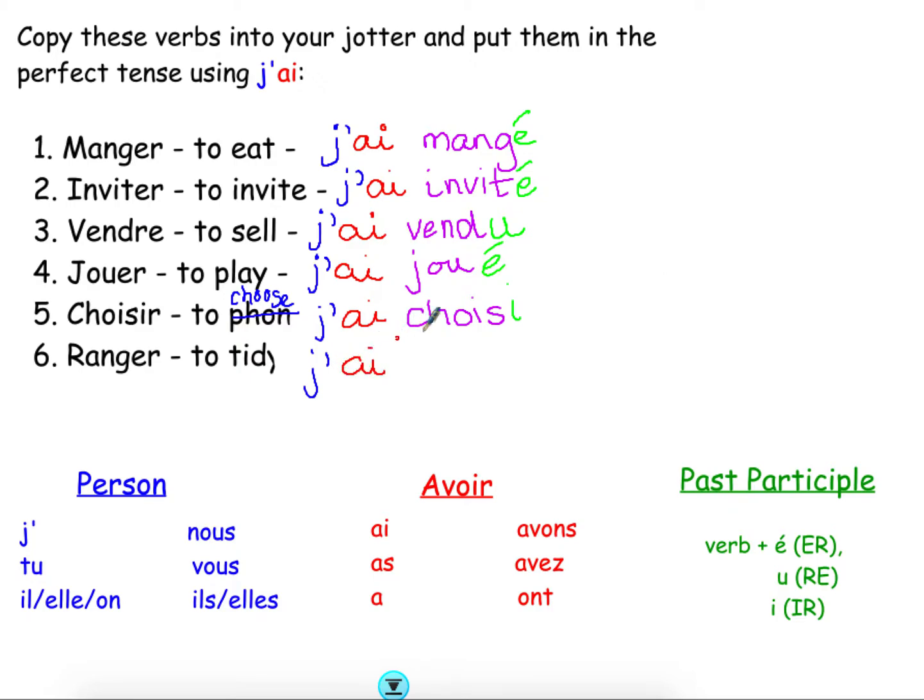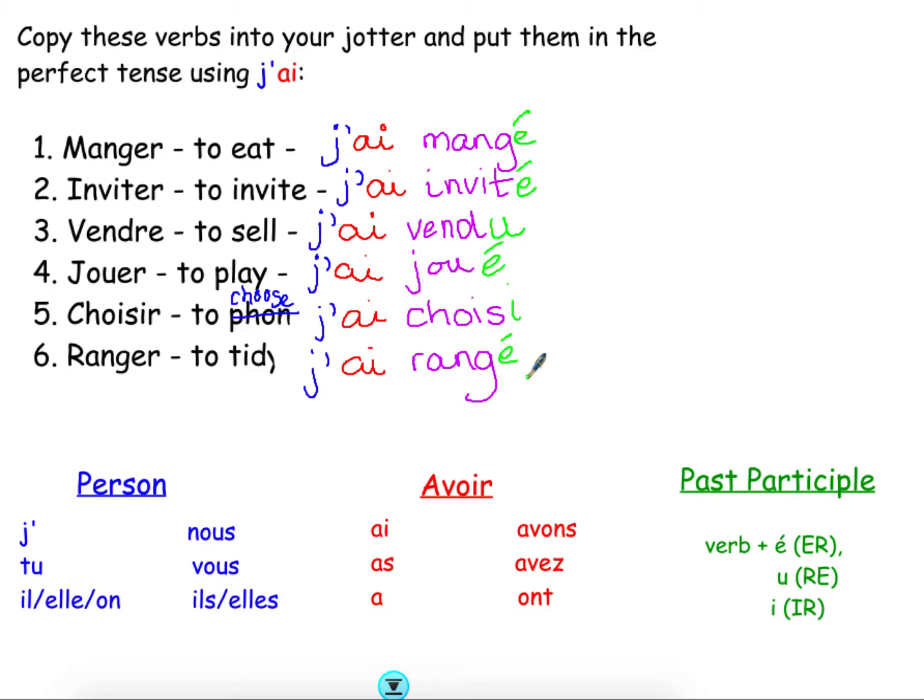J'ai rangé. Okay, so there's your answers. We've got j'ai mangé, I ate. J'ai invité, I invited. J'ai vendu, I sold. J'ai joué, I played. J'ai choisi, I chose. J'ai rangé, I tidied.